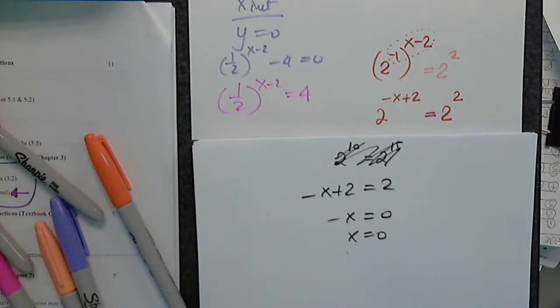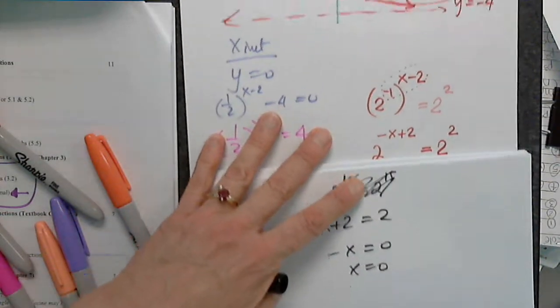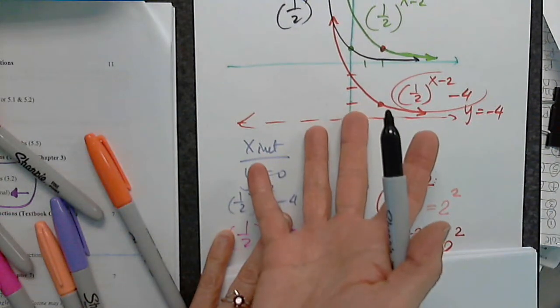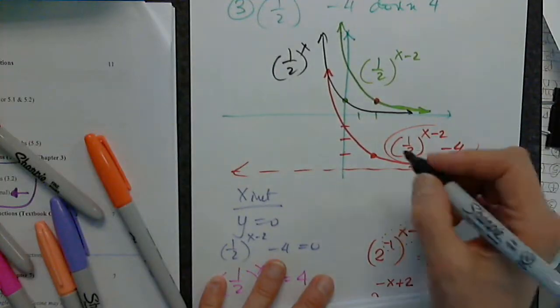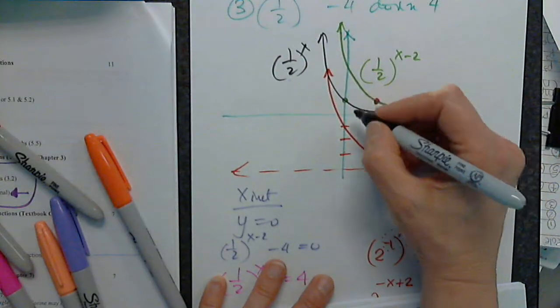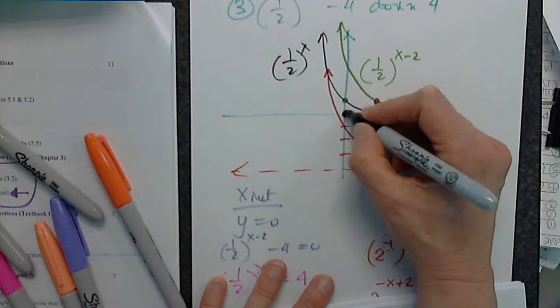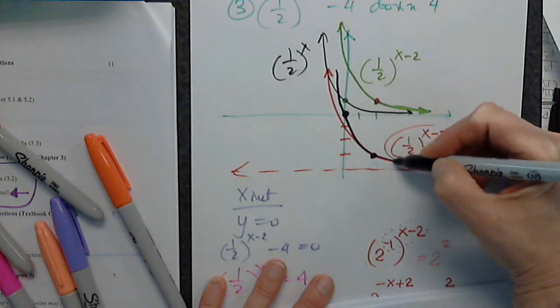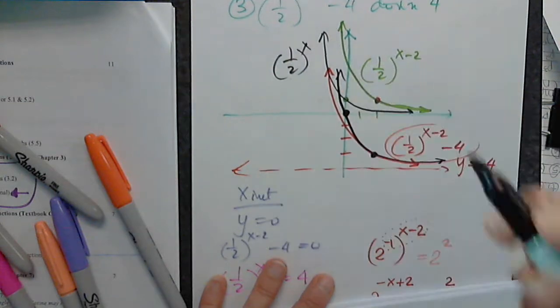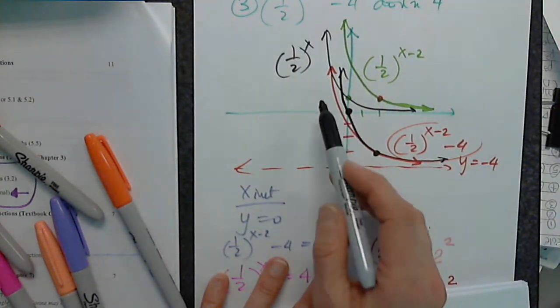It happens that that is the x-intercept as well as the y-intercept. So my graph was wrong. I'm not going to erase anything. I'm just going to adjust it. This is the correct point, but this is the correct point. So this is my correct graph. You don't have to delete it.